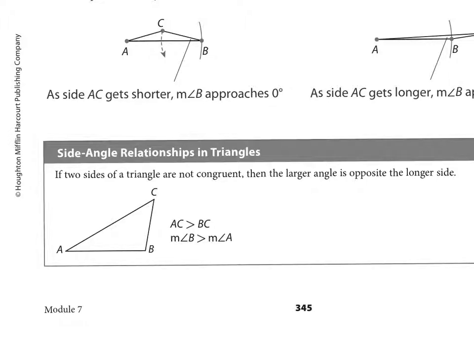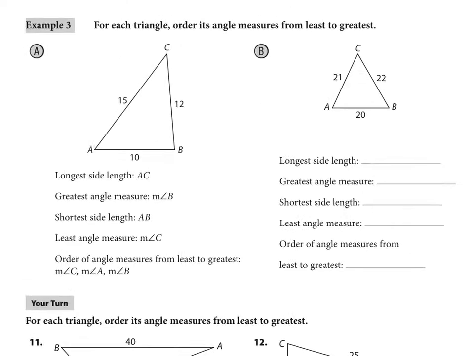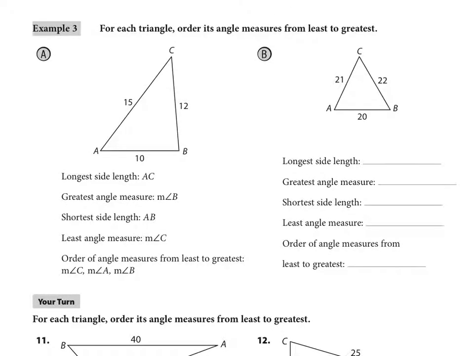Let's look at this other problem and you'll see. All right, so if you look at A, the longest side is 15. That means that the biggest angle is going to be across from it. So the longest side and the biggest angle. Do you see that? Now it says, let's look at the shortest side.